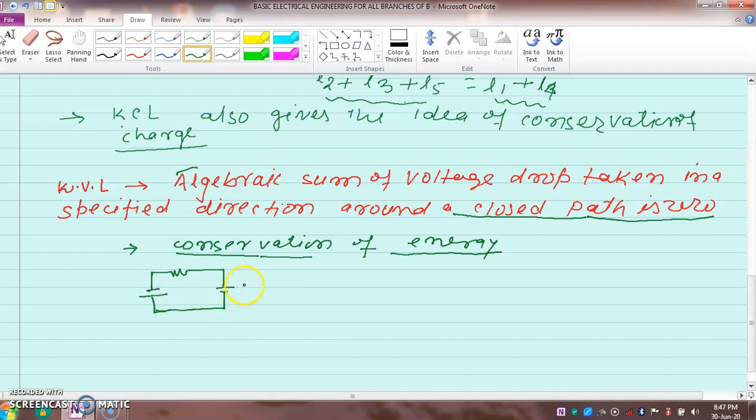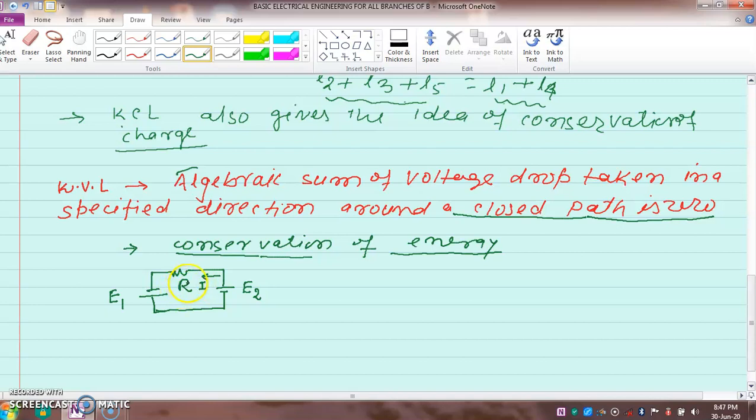Suppose this is E2, voltage source E2, this is E1, and here the resistance is R. So how will current flow in this element? You are free to assign any direction, either this side or this side. Let me assign that the source current is coming in this direction. Let me write it, current I.